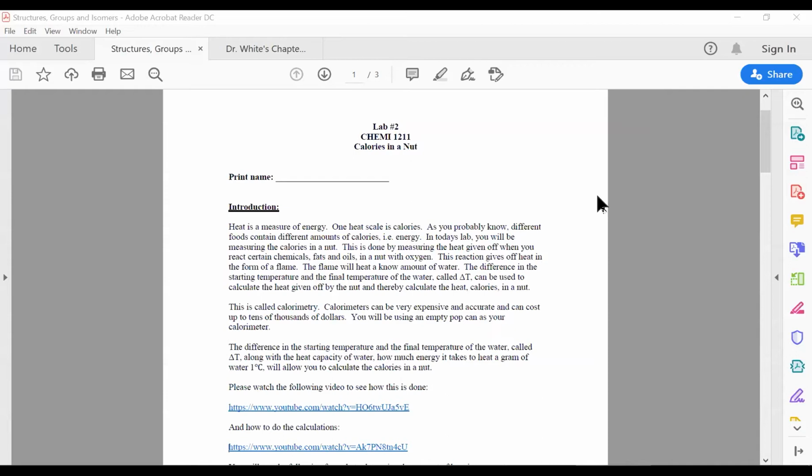Today's lab deals with calories in a nut. Now, when you're talking about chemistry, an important aspect of chemistry is energy. Energy comes in various forms. One energy you can see, light, is a form of energy, but the form of energy most of you are familiar with is heat.